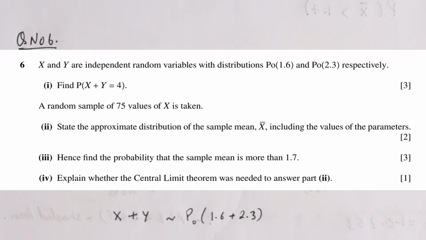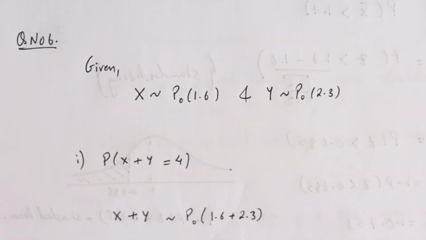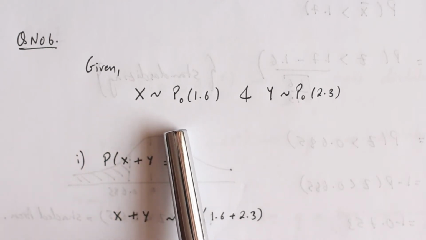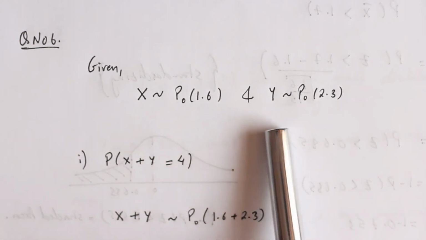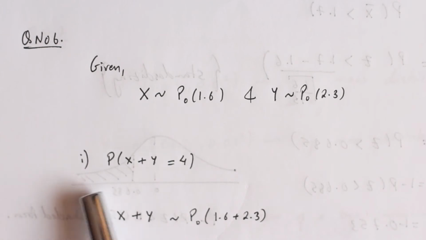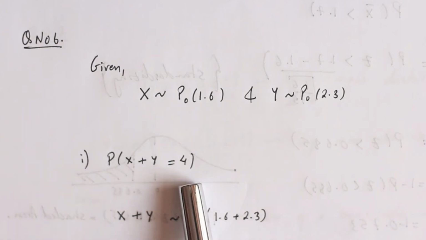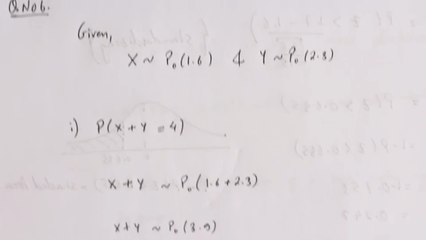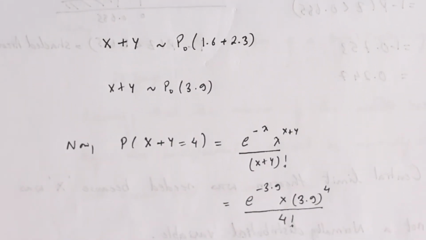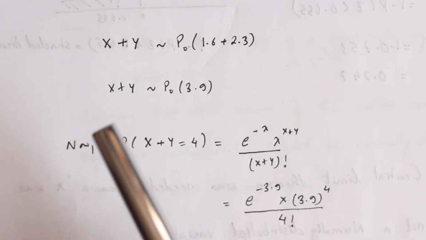Okay, so let's look at the solution. In this question, we know that X is a Poisson distribution with mean 1.6 and Y is also a Poisson distribution with mean 2.3. So you have to find P(X + Y = 4).